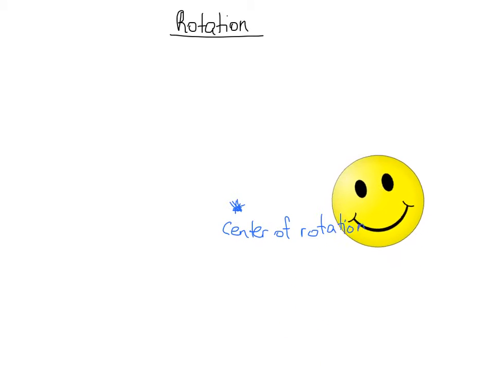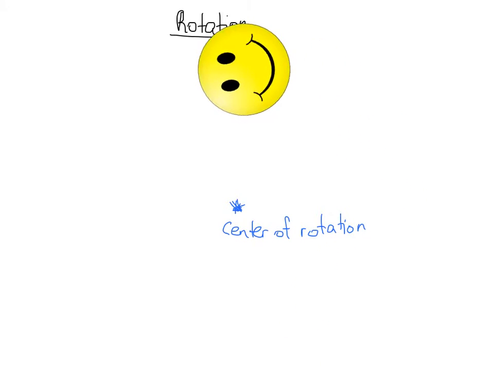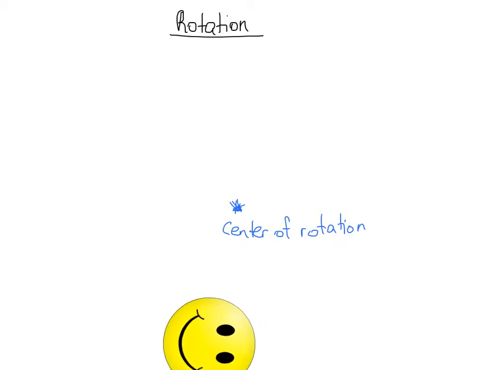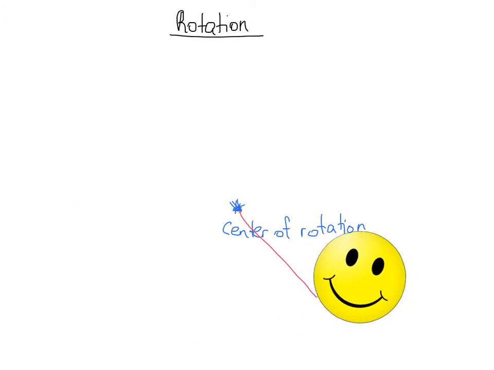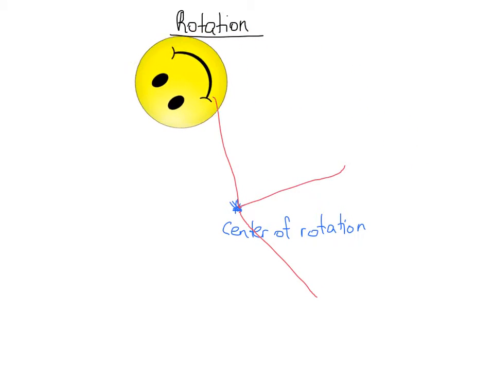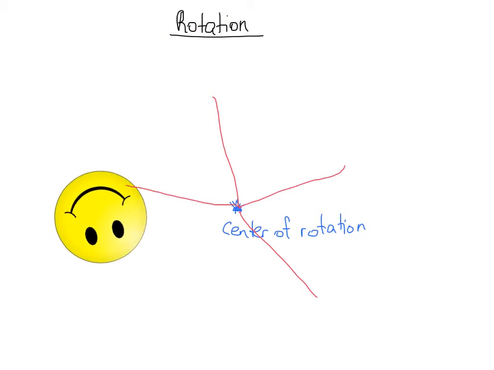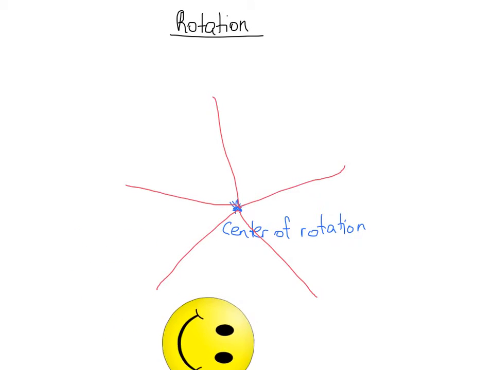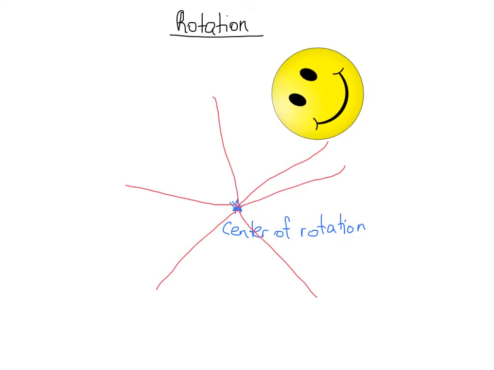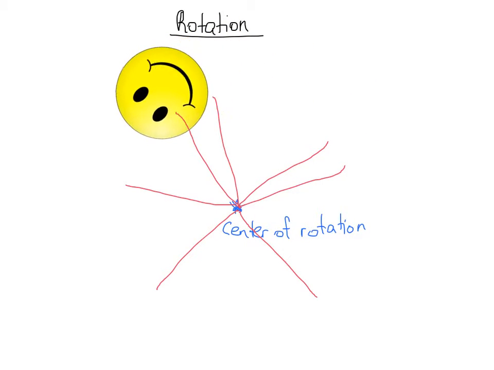If I choose any point on this face, I pick the left eye, for example, and at any given time draw a line to the left eye and keep doing that, it's kind of hard because he's moving a little fast. But the distance of the lines that I'm drawing going to the left eye of this smiley face is constantly the same distance.